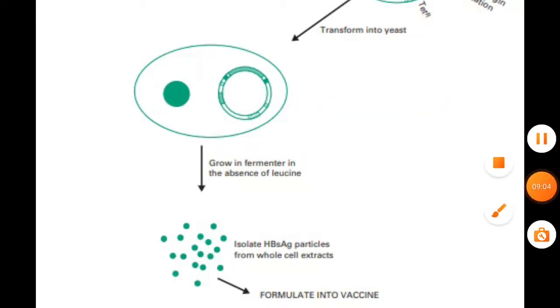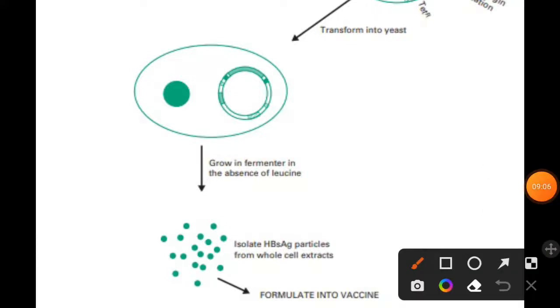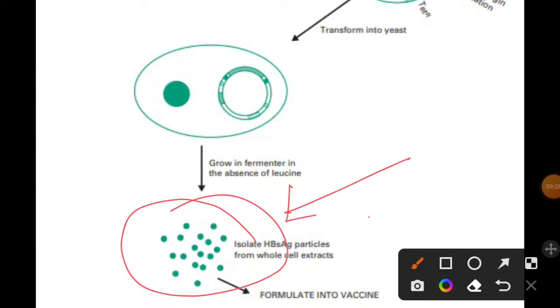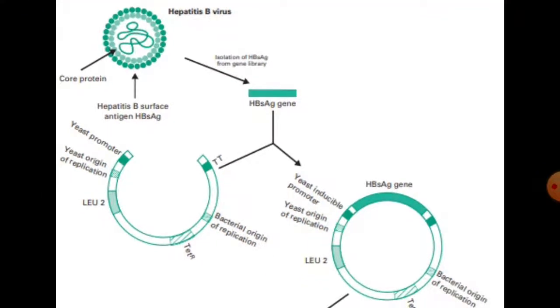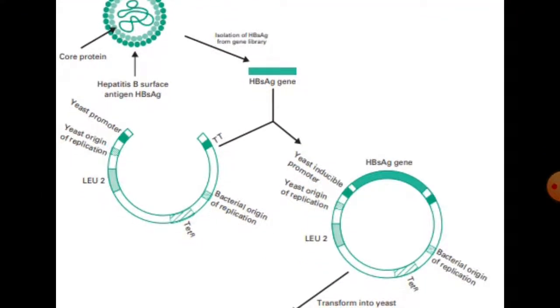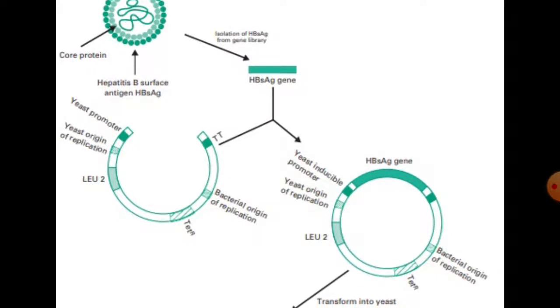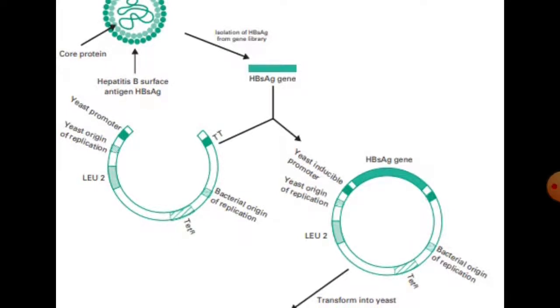So in the absence of leucine, we will allow those yeast to grow in the fermenter. Then we will isolate hepatitis B surface particles from the whole cell extract. Then we will formulate them into a vaccine, and the formulation is also important; I am going to discuss it. So we are using a yeast vector that should contain a promoter, a transcription terminator, a yeast origin of replication, a bacterial origin of replication, a bacterial selection marker, that is the tetracycline resistance gene, and another one is the LEU2 gene.